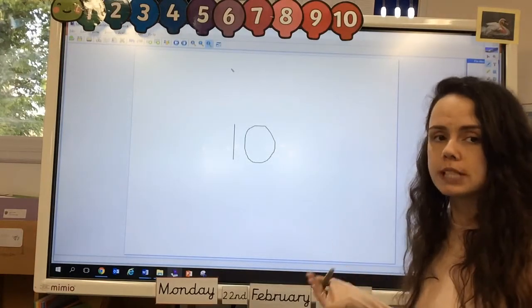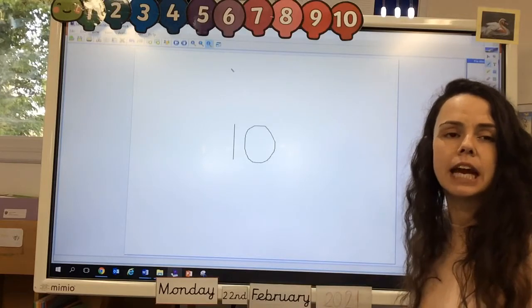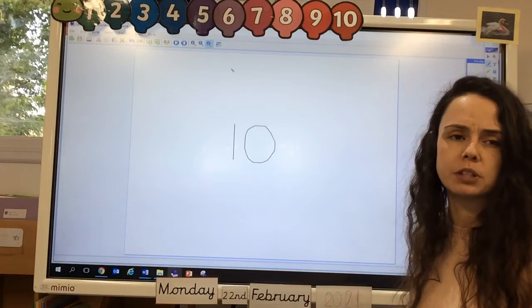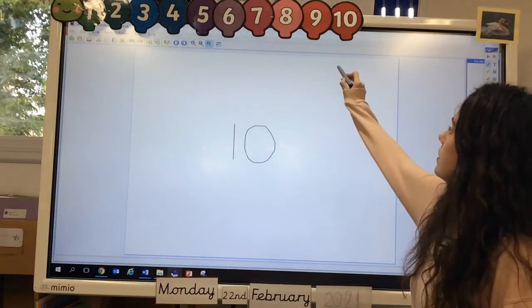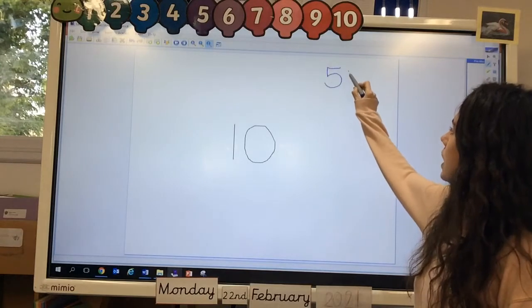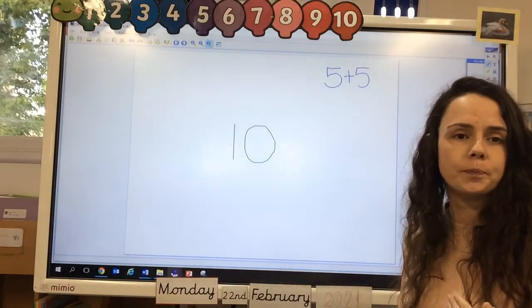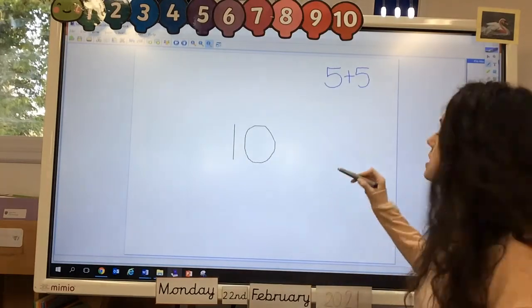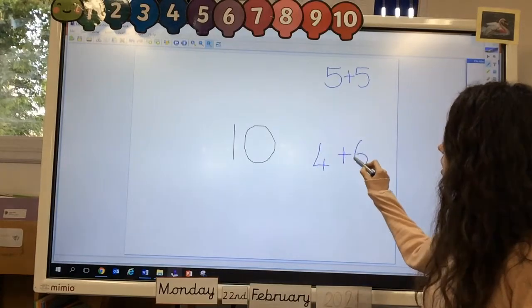So 10 is quite important, and we need to remember how to make 10. Can you remember some of our number bonds to 10? We had 5 add 5. Any more? 4 and 6, 4 add 6.